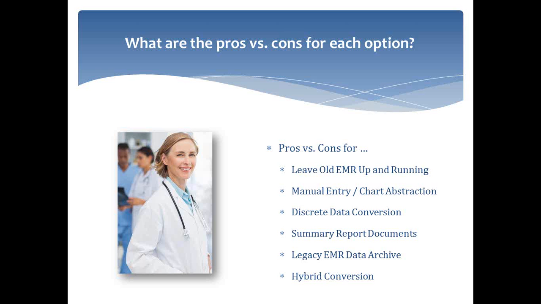That data is typically stored somewhere else in an archive solution, but it can be accessed directly from the target EMR there. So it's a pretty cost-effective solution. You still maintain that ease of access with a single click to get all of your old information there. And with that, you can turn off your old EMR system. So as long as you move all of your data over to the legacy EMR data archive, now you can turn off your old system. You don't have to pay ongoing support and maintenance of it.